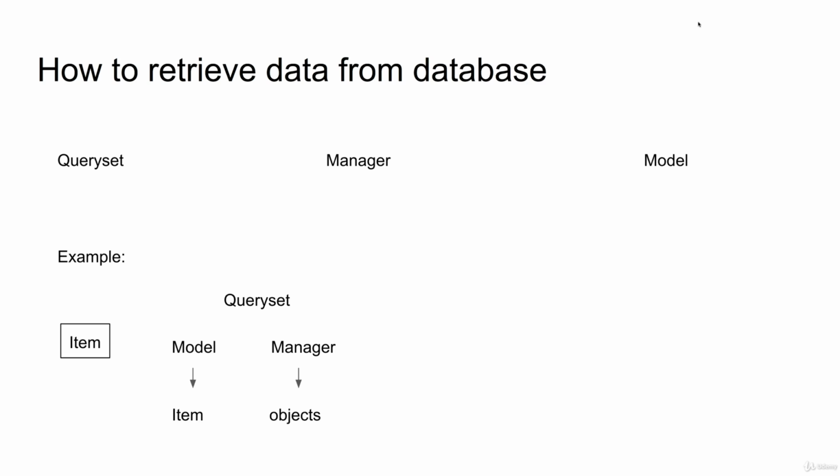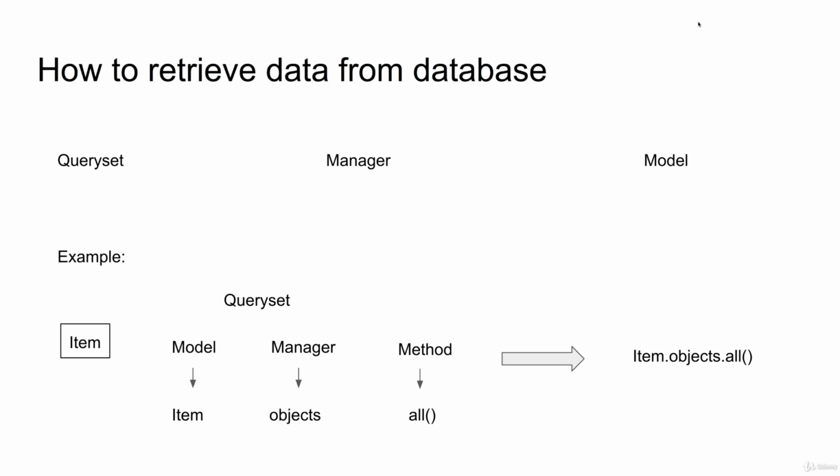Along with this, we also need a method to actually get all the objects associated with that particular model, and that method is nothing but the all method. So combining all these three things together, we can form a query over here which is going to extract the data from the database, and that query is nothing but item.objects.all.